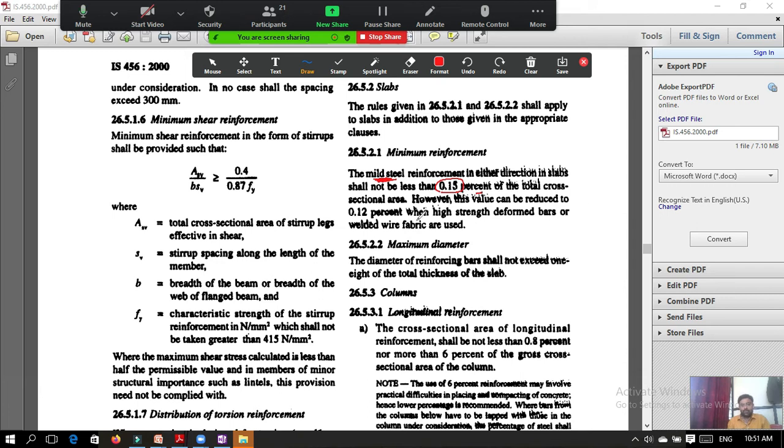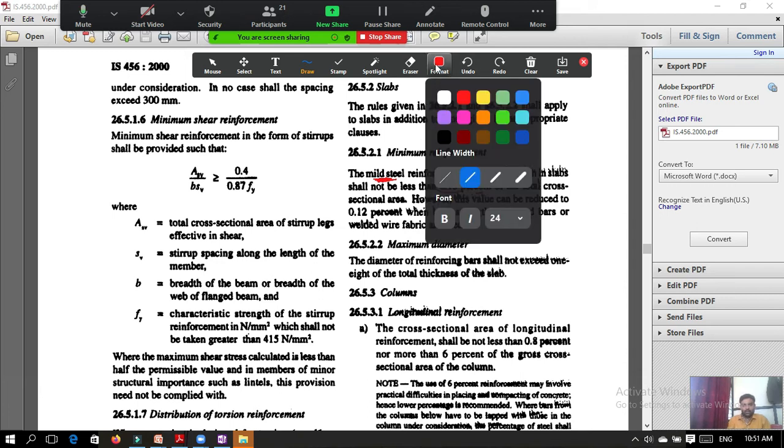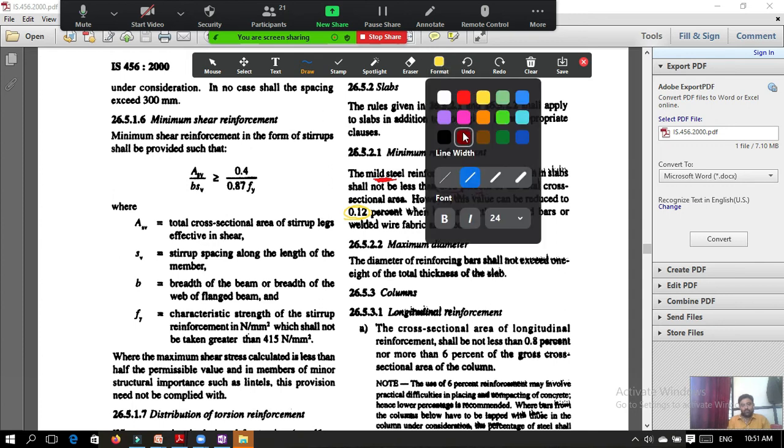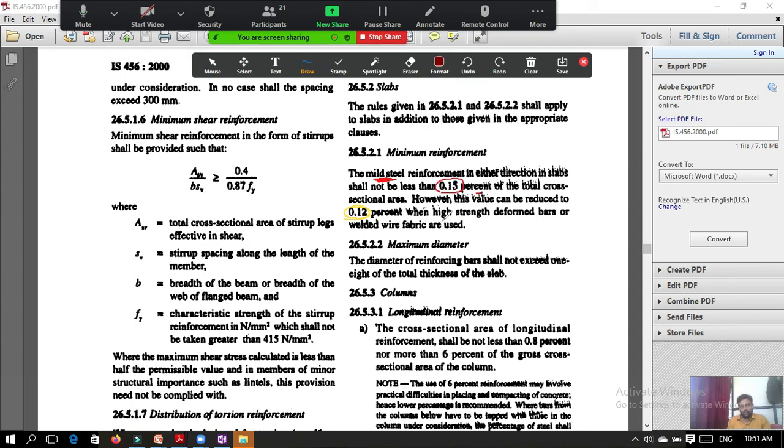However, this value can be reduced to 0.12%. The same value can be reduced to 0.12% for high strength deformed bars. Here they have mentioned high strength deformed bars, which means Fe415 or Fe500.